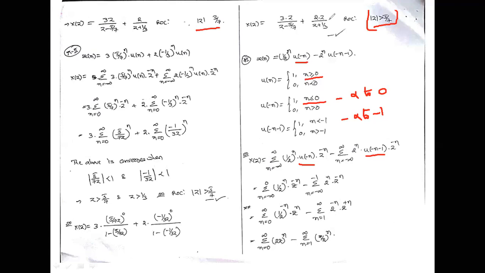According to our formula, the sum from n1 to n2 of a to the power n, because n starts at 0, is 1 by 1 minus a.